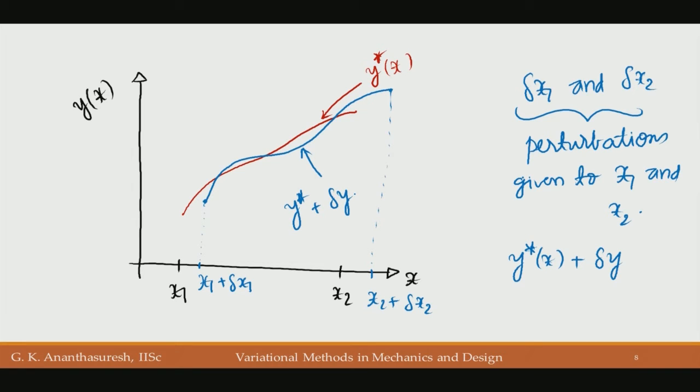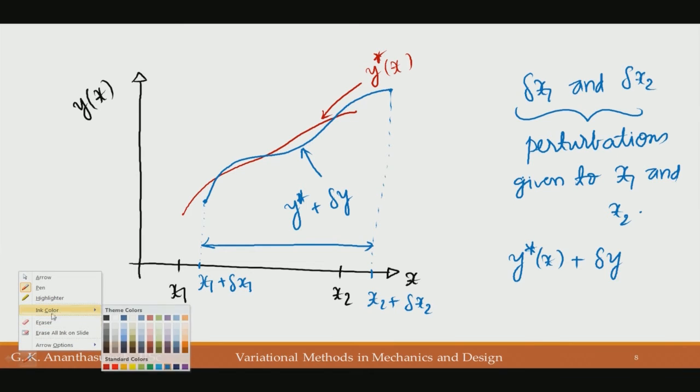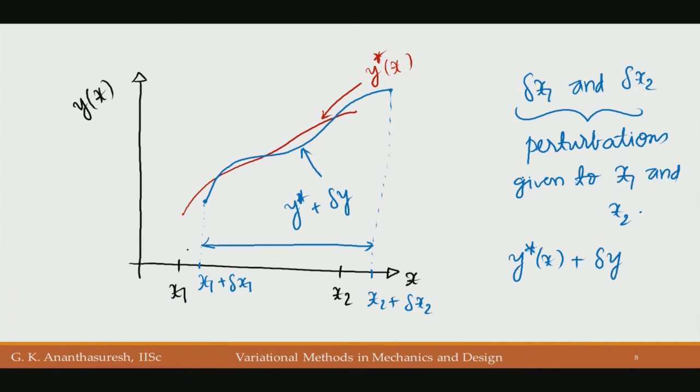Notice that the domain of delta y has changed. This is the new domain. The old domain was only from x1 to x2, but now it is from x1 plus delta x1 to x2 plus delta x2. That is what we should do and see what happens.